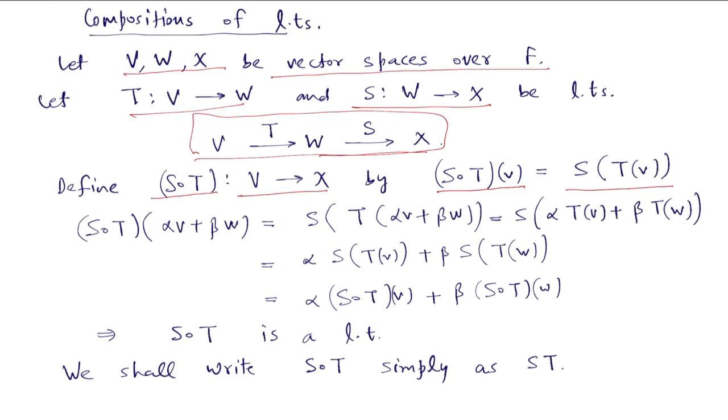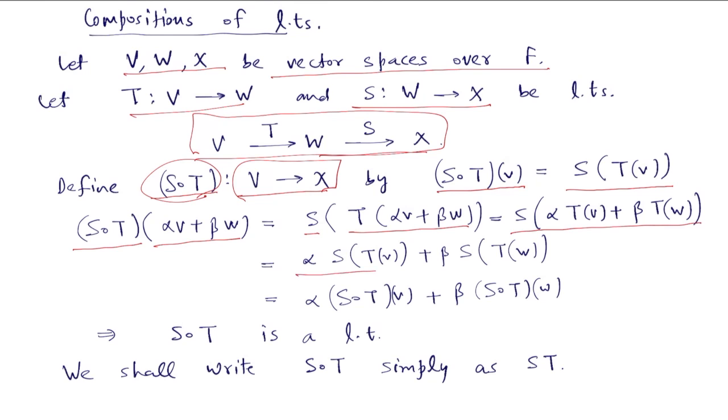Now we show that this composition is a linear transformation from V to X. So S o T, if we apply this on alpha v plus beta w, then it will be equal to S of T of alpha v plus beta w, but T is a linear transformation, so this is equal to S of alpha Tv plus beta Tw.